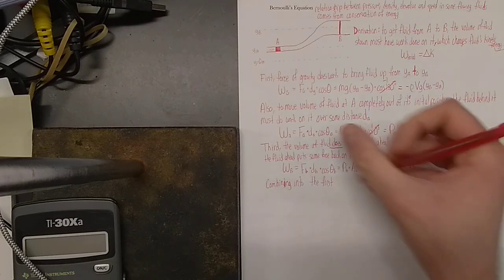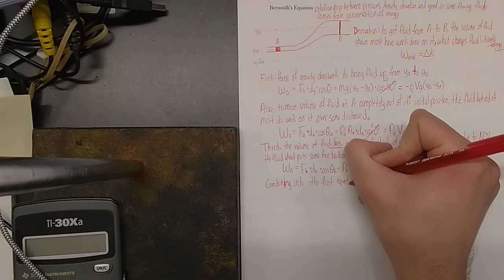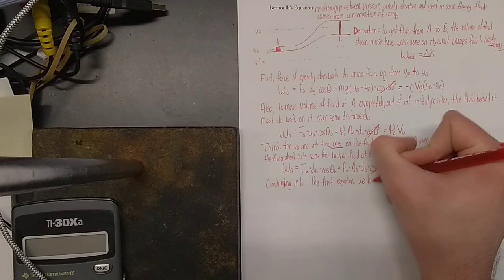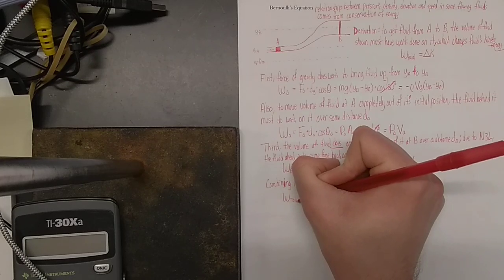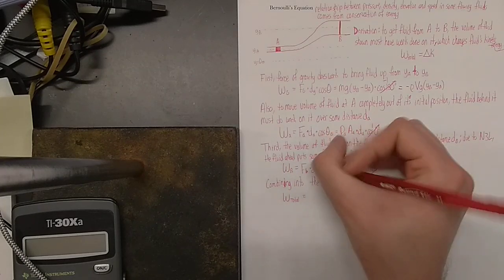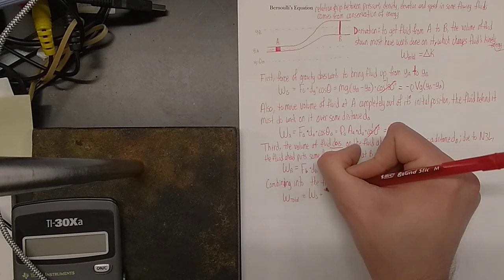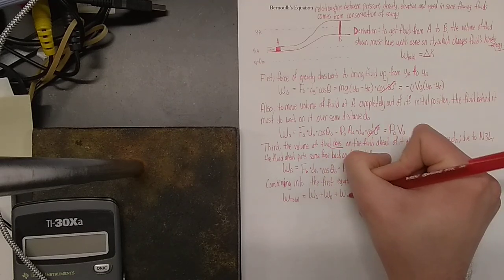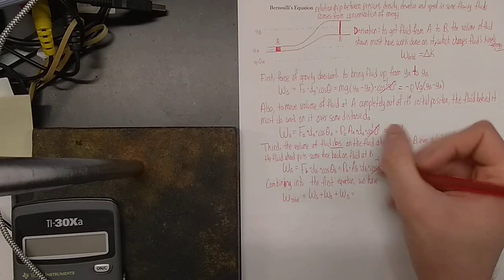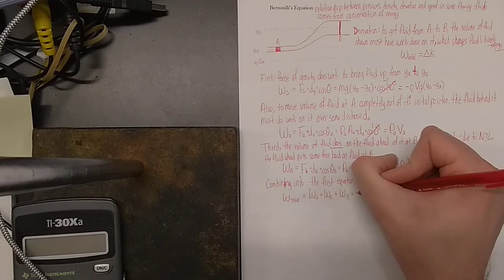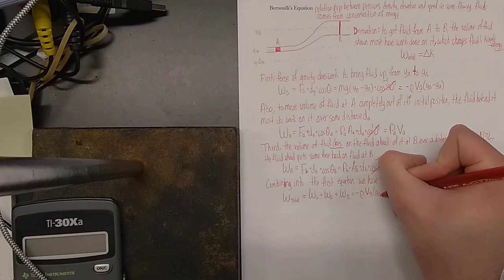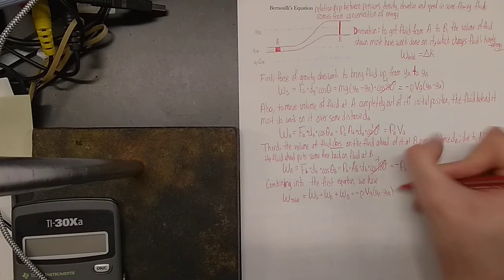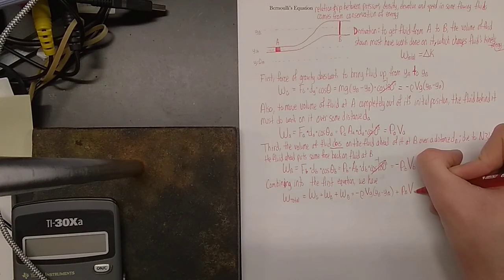The total work equals delta K. The total work done is equal to the work done by gravity plus the work done on the fluid at A plus the work done on the fluid at B. And that's equal to negative rho V g (yB minus yA) plus PA VA.